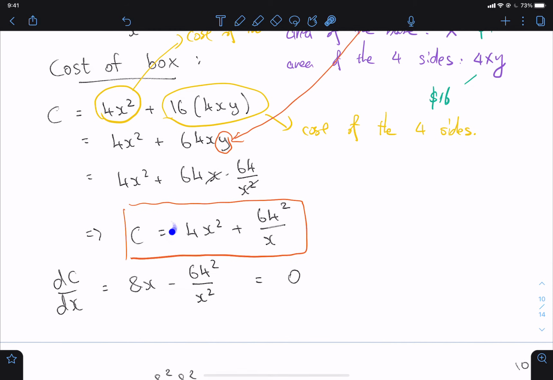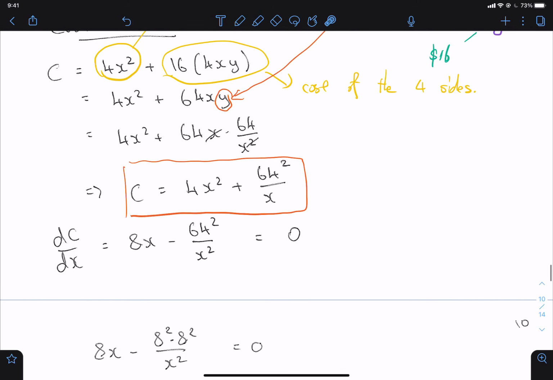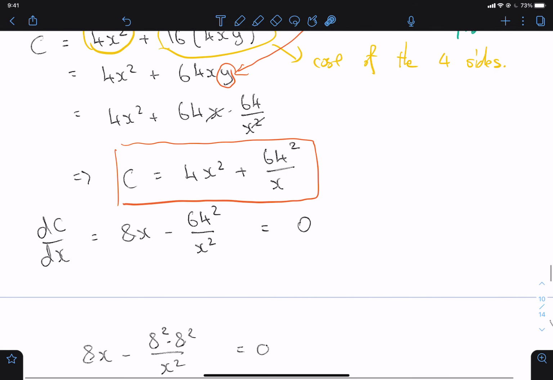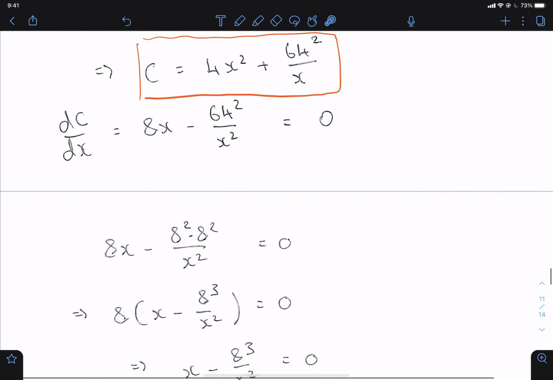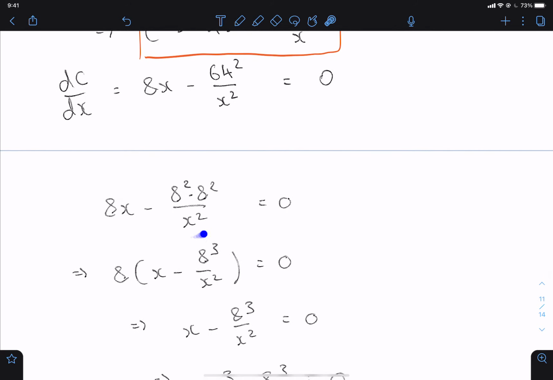We want this cost to be as small as possible. We don't want to spend unnecessary money. So we're going to take the derivative, okay? The derivative is equal to 8x minus this divided by x squared, just by the power rule, and let the derivative equal 0.